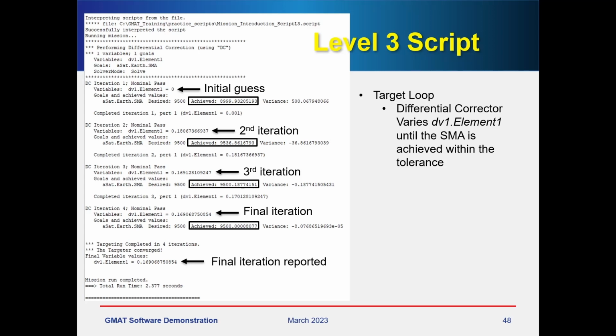The differential corrector now continues to step through the assigned numerical method and develops a better third iteration guess and gets much closer. On the final iteration, the semi-major axis achieved is within the tolerance we requested, and GMAT reports out the final value of dv1 element 1.